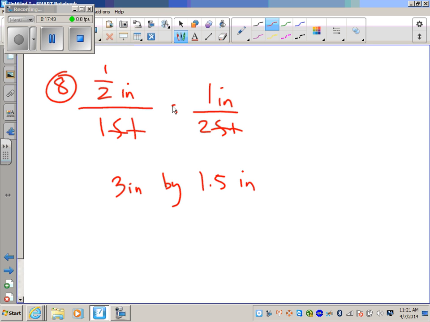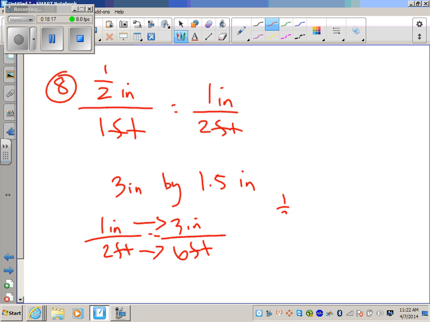Okay. So which scale would you rather use for the 3, the whole number? The 1? All right, so times 3, 2 times 3, 6 feet. How about for the 1.5, 1 1/2?